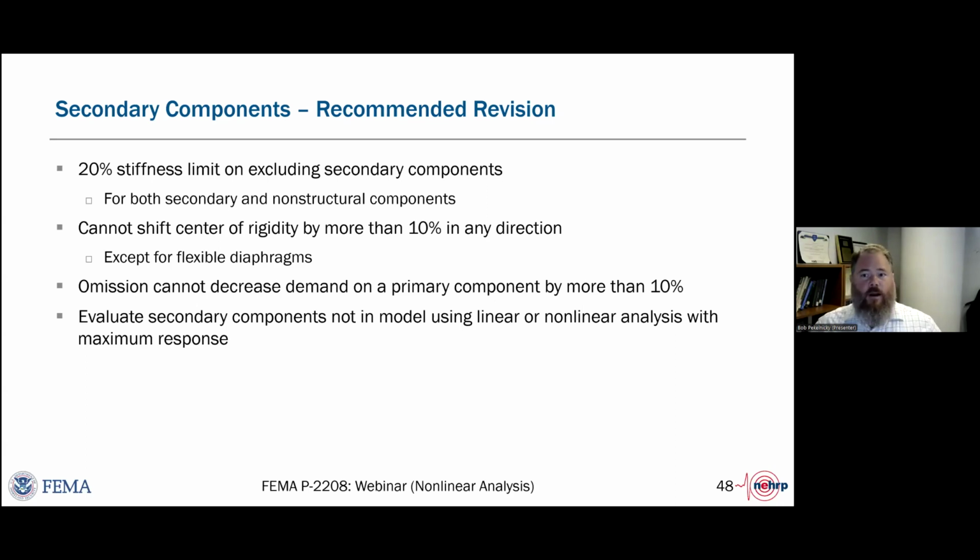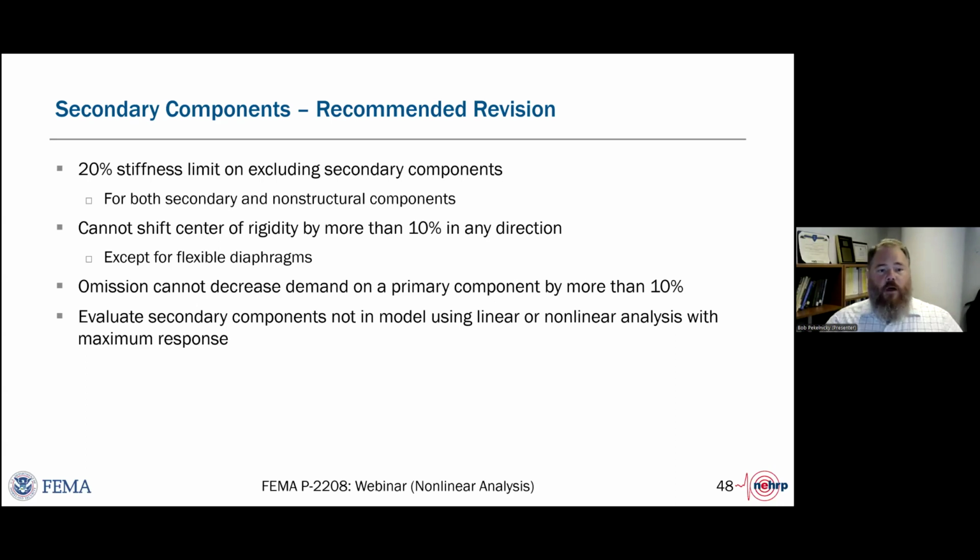In addition, we wanted to make sure that excluding secondary components didn't result in a dramatic change in the torsional response of the building. So we also put in some guardrails that said you have to make sure that excluding all of the secondary components does not result in a change in your center of rigidity by more than 10% when you take out all the secondary components.